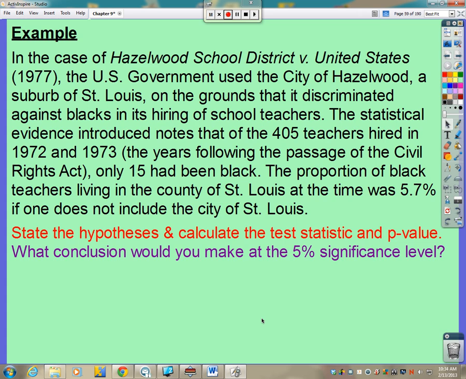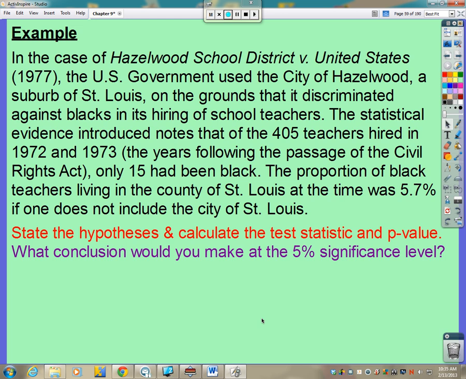So the example we're going to look at is, believe it or not, an actual case that is pretty local for our area. I just happened to find this in a book. It says, in the case of Hazelwood School District versus the United States in 1977, the U.S. government sued the city of Hazelwood, a suburb in St. Louis, on the grounds that it discriminated against blacks in its hiring of school teachers.